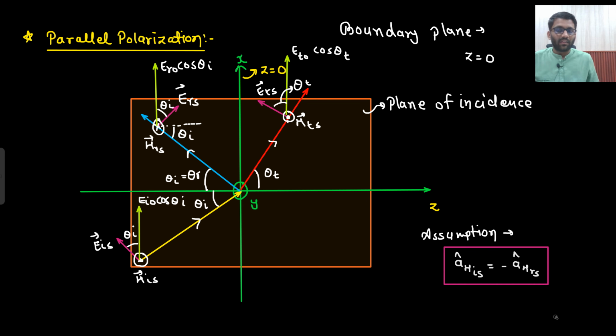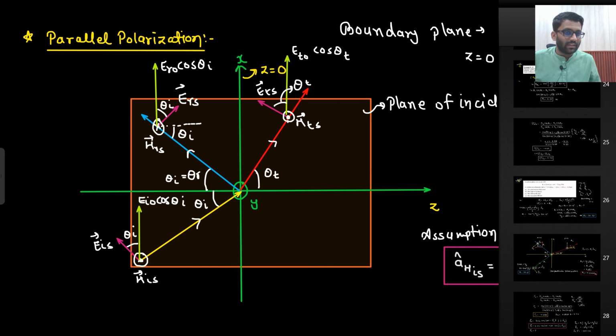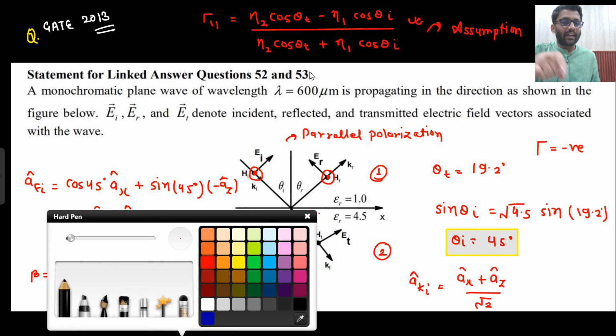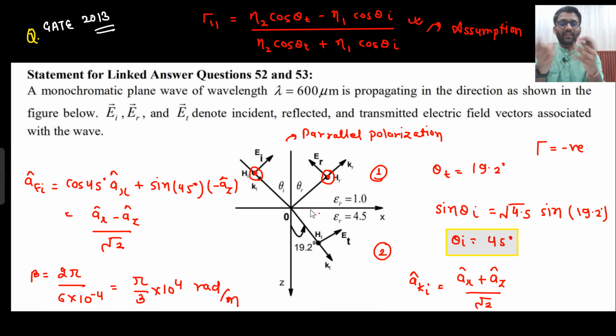Right? But here, since we have interchanged the condition, incident and reflected magnetic field are in the same direction now. So if gamma becomes negative, that means the shown direction is correct. And if it becomes positive, then we need to take the opposite direction. Are you able to think it? It is a very simple point, not very complex. What I usually say is that if gamma is positive, the direction would be the same, and if gamma is negative, the direction should be interchanged.